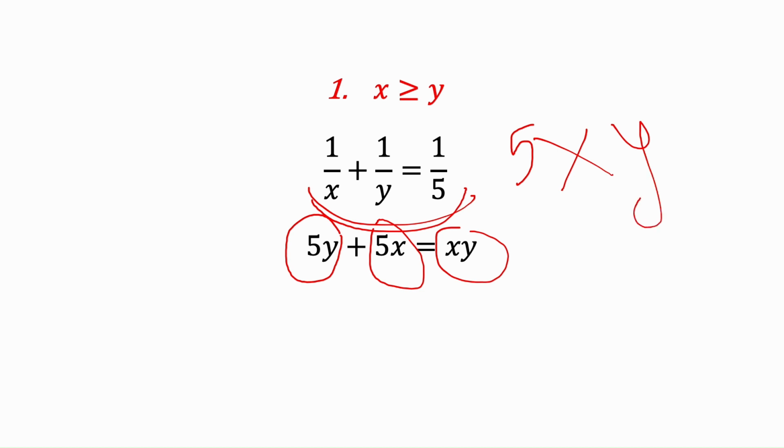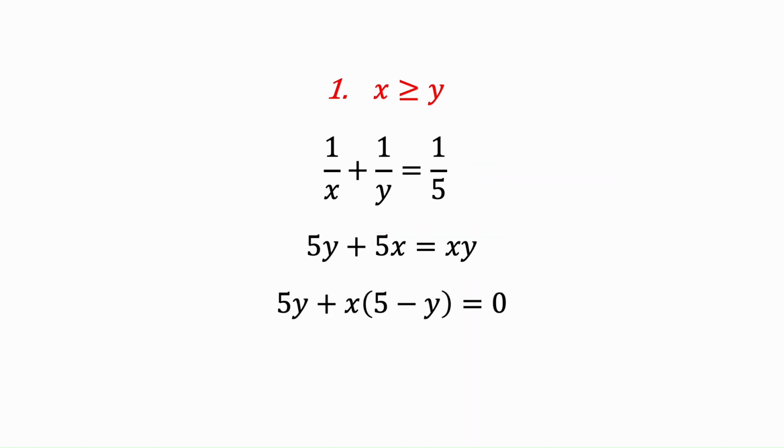Now we can subtract xy from both sides, and we will factor x here. So we will have 5y, and 5x minus xy, and we factor x.